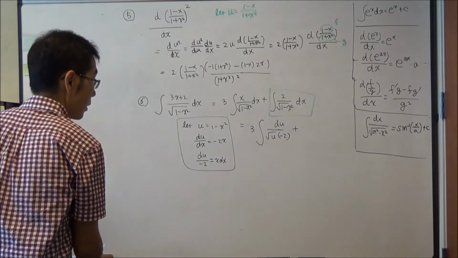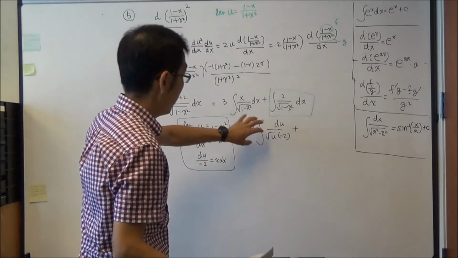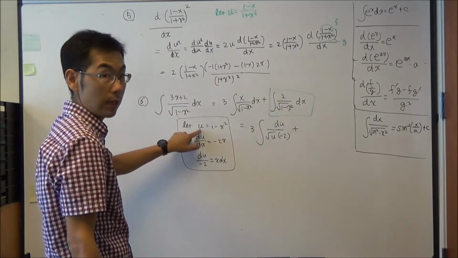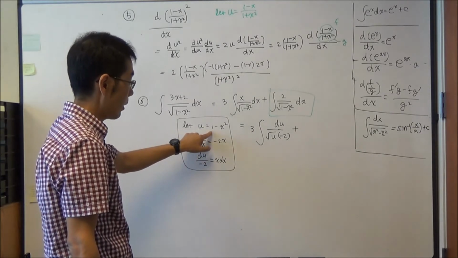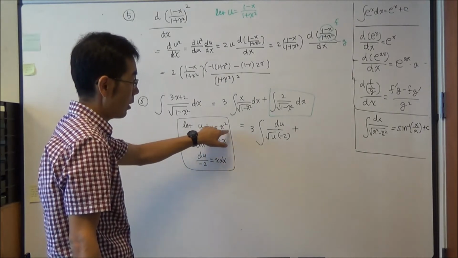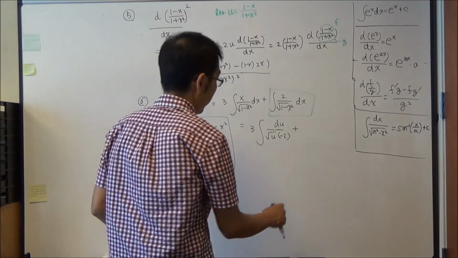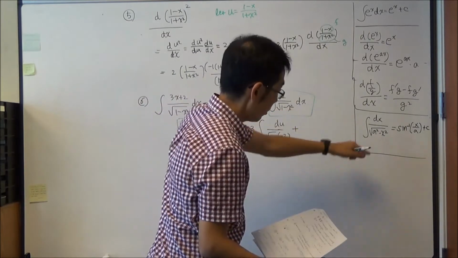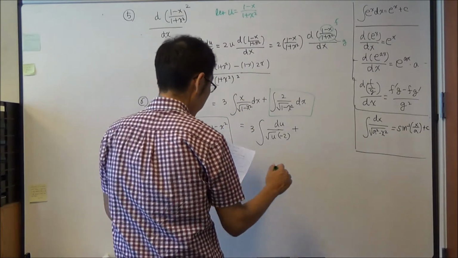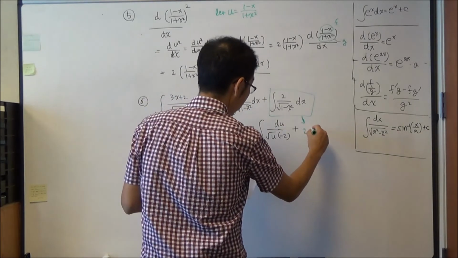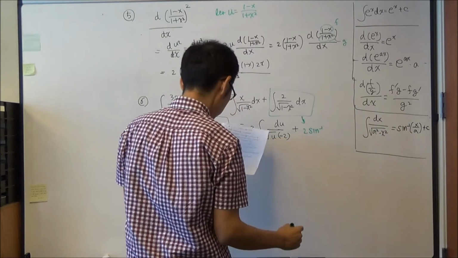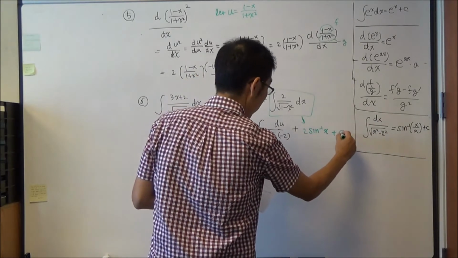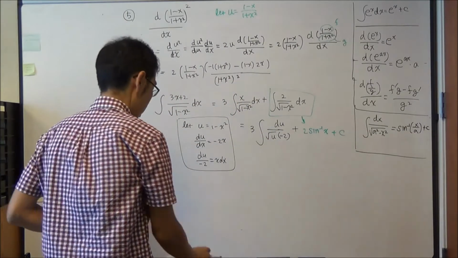We can simply use that one for the second term, but for the first term, we create u, which represents 1 minus x squared, and then just use it. Okay. But let's do the second term first. This one we can simply use the formula: this one is 2 sine inverse of x plus a certain constant, okay?